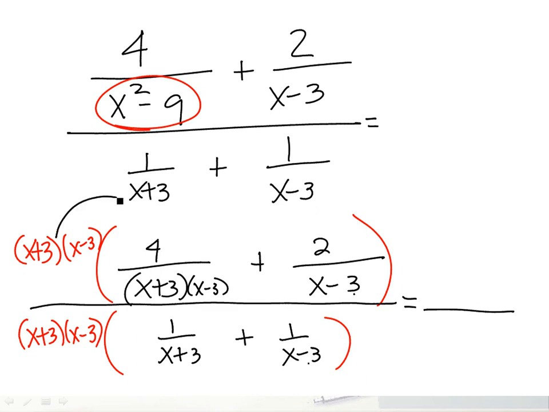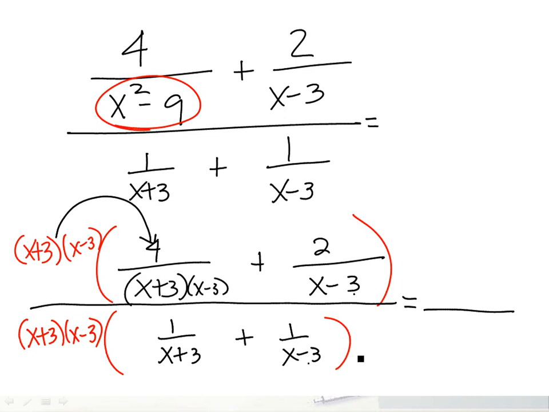Once you multiply all of this times this, notice that both of these denominators will cancel, and it only leaves 4. I don't like canceling out, because I know that I'm going to have to eventually multiply that LCD times the next thing. I just like looking at it and mentally seeing what would cancel, and only the 4 will be left.